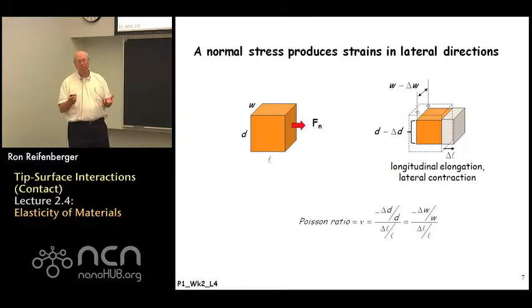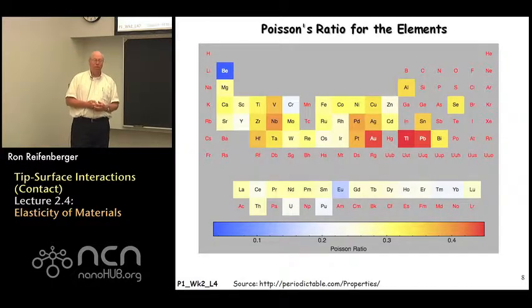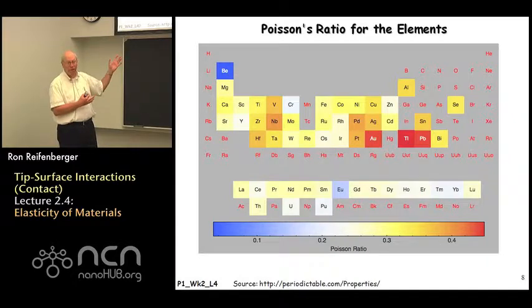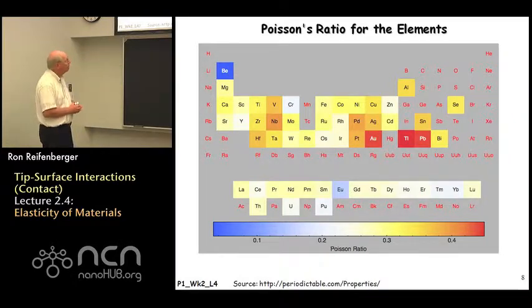Poisson's ratio is often written as the Greek letter nu, and it's just defined as the ratio of the lateral change in dimension to the change in dimension longitudinal, or parallel to the direction that the force is applied. For typical values, again, I go to the web and I find this very nice chart for Poisson's ratio for elements.